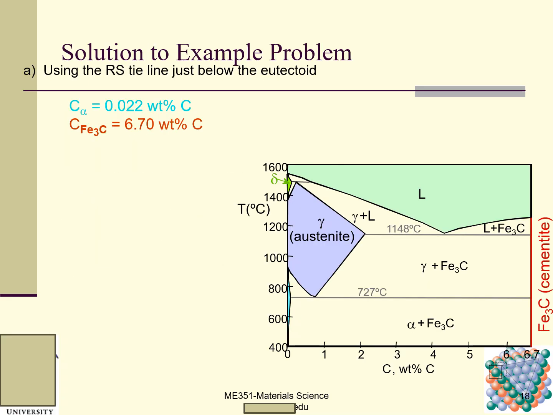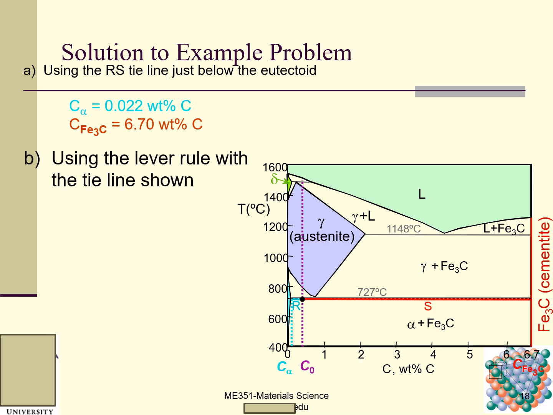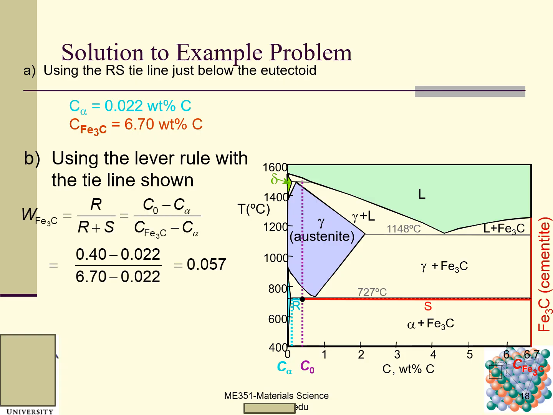We use the RS line just below the eutectoid. Right, so we draw a line here. We can get this is alpha, and this is cementite, using this line. Using the lever rule with the tie line shown, the weight percentage of cementite equals R divided by R plus S, and we get this number.